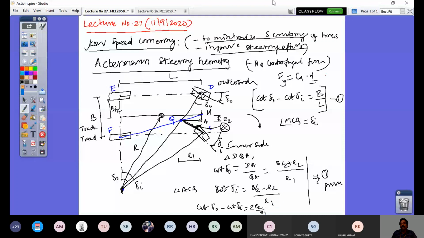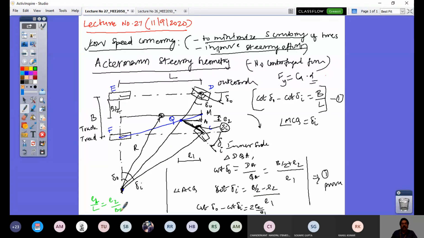So what is this E2 by E1? To get E2 by E1, I am going to look at the similar triangles MQA and MFC. That gives me the relation E2 by L is E1 by L is E2 by B by 2.